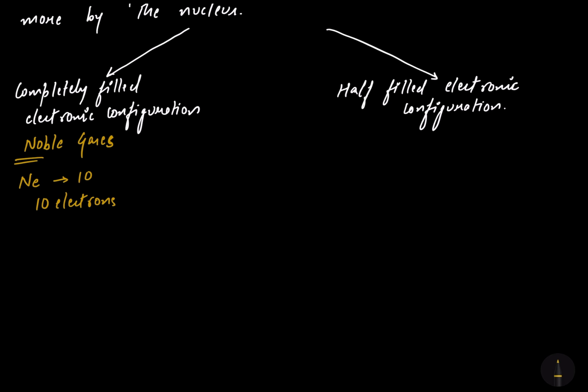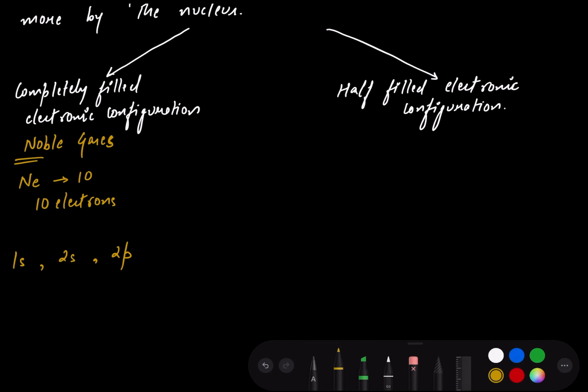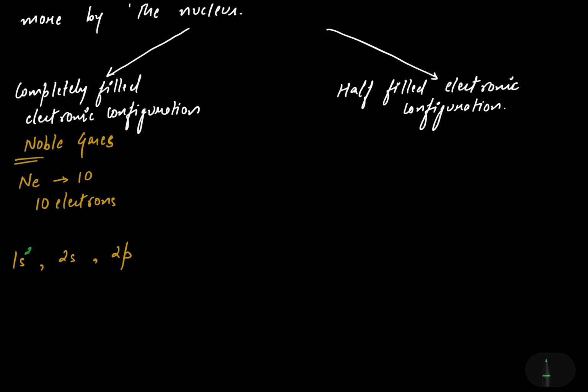So I'm writing 1s, 2s, 2p, the increasing order of energy of subshells. So we have to fill 10 electrons. So 1s will get firstly 2 electrons because of the lowest energy of 1s. Then the turn of 2s, the 2 electrons, and then is the turn of 2p, the 6 electrons.